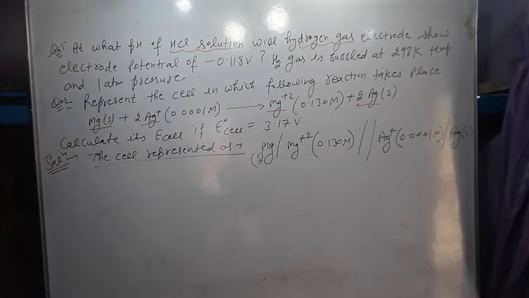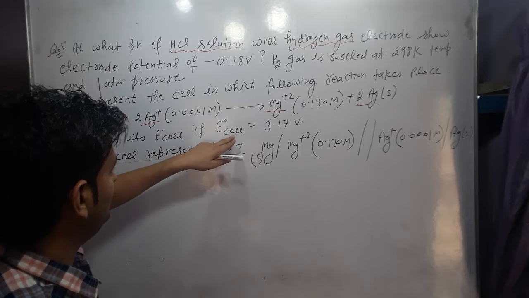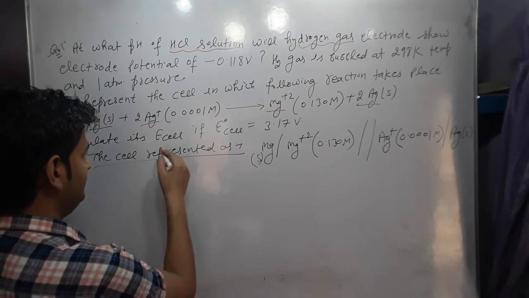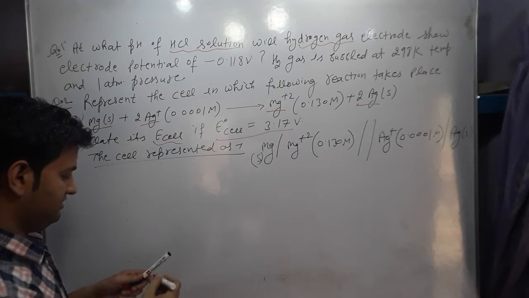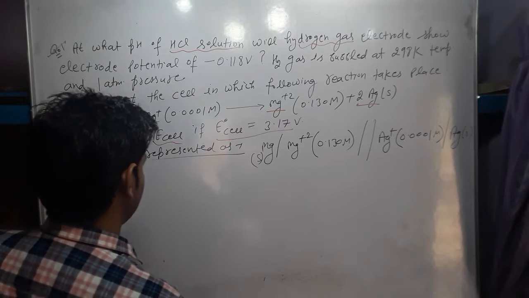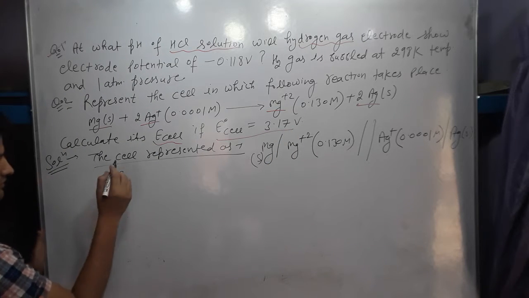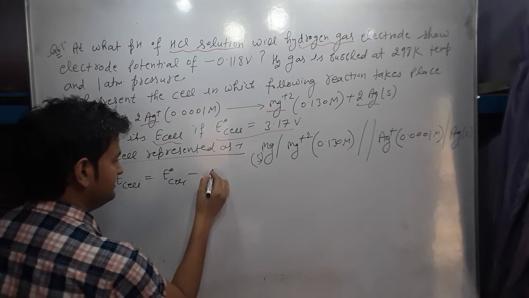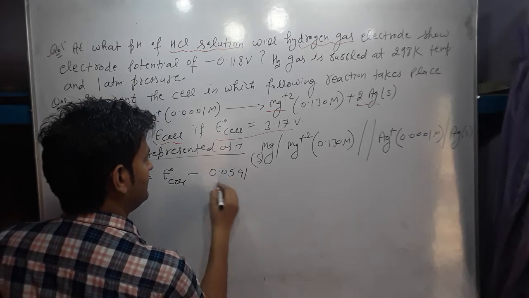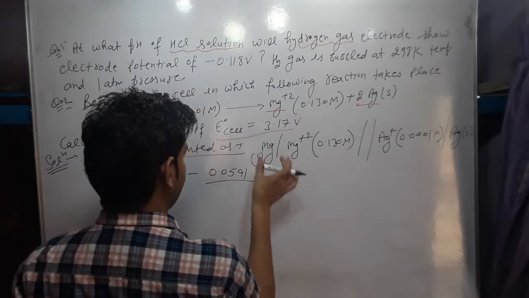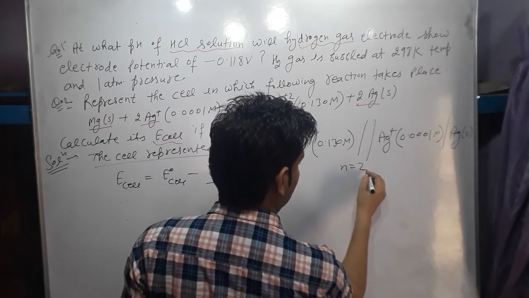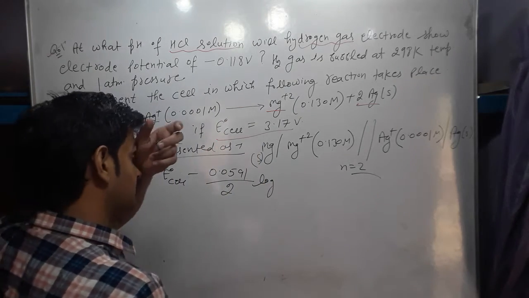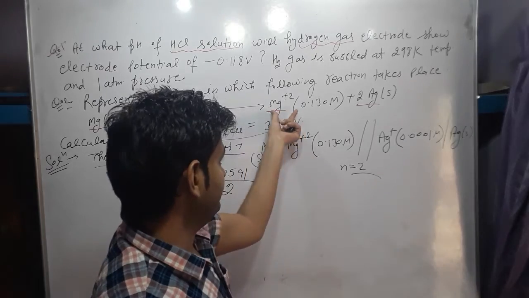The second part of this question asks us to calculate the EMF of the cell. We can calculate the EMF if E naught is given. So write the Nernst equation: EMF of the cell is equal to E naught of the cell minus 0.0591 over n. For this reaction n is equal to 2, as 2 electrons are involved, so it is 2 log of the product side concentration over reactant side.